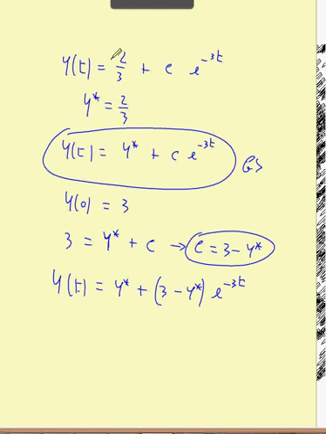So the constant c is equal to minus y star, and the particular solution is y of t equal to y star minus y star, which multiplies e to the power of minus at.